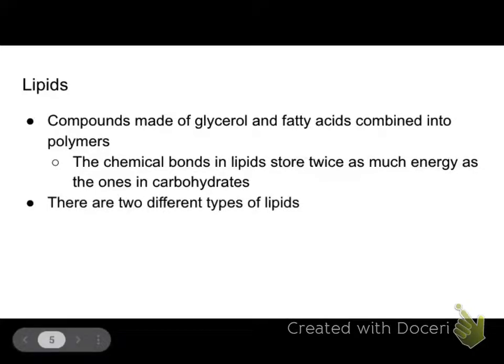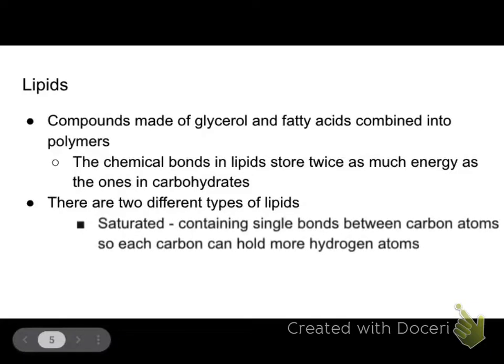There are two different types of lipids, and you've probably run into both in your life, okay? The first are called saturated. These contain single bonds between carbon atoms, so each carbon can hold more hydrogen atoms around it. So when we're forming these chains, we're going to have these carbon atoms, and they're just going to be bonded carbon to carbon.